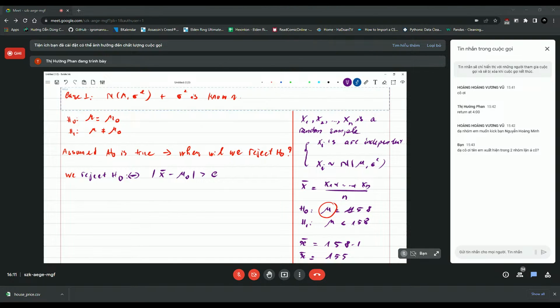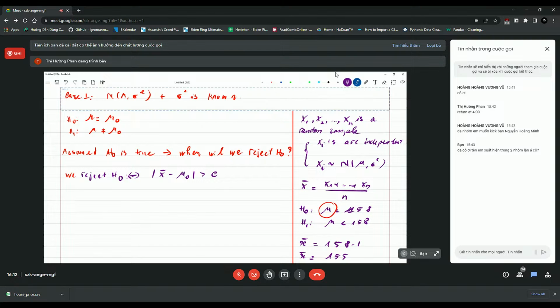Oppositely, if C is small, it means the difference between H bar and mu 0 is small, so we have less confidence to reject H0, right? So the constant C is the critical value. It measures how much difference between H bar and mu 0 allows us to make the conclusion on H0.